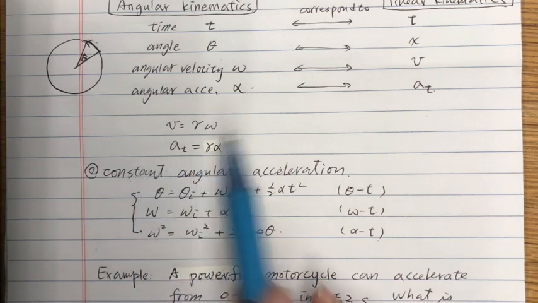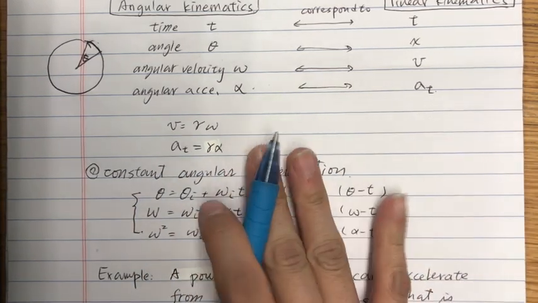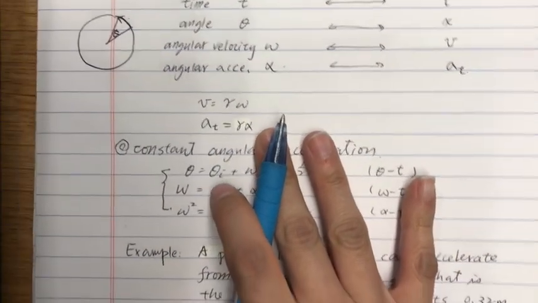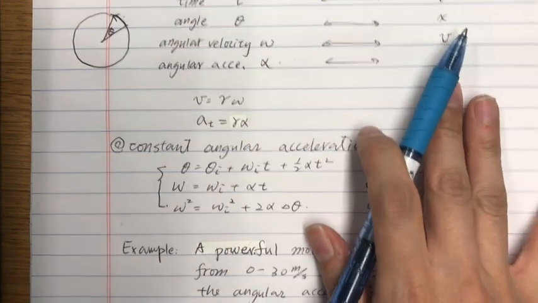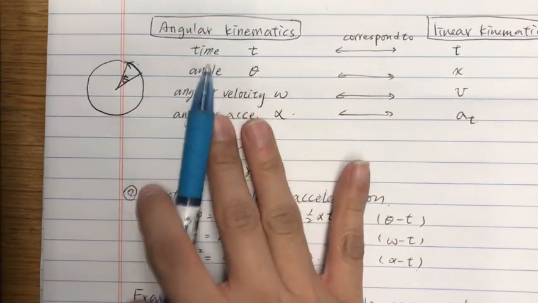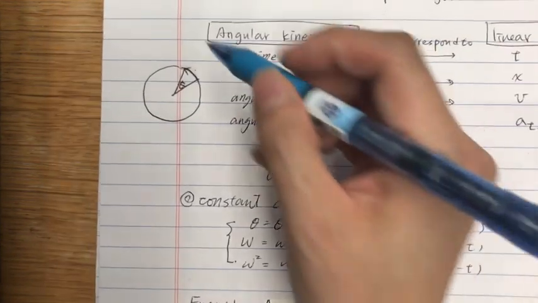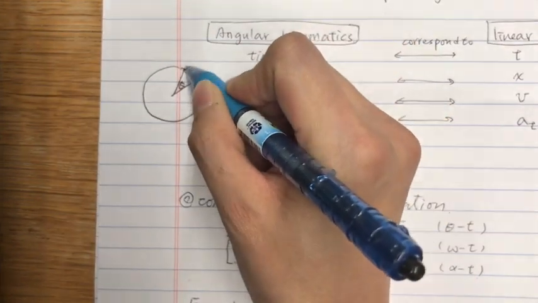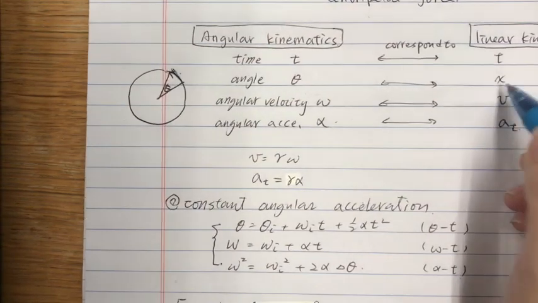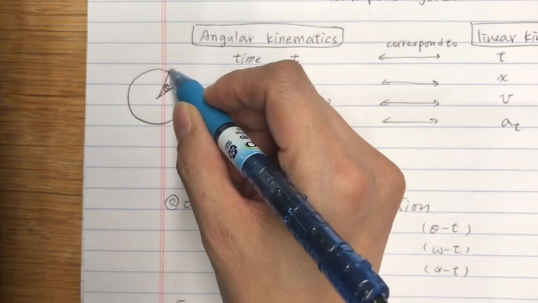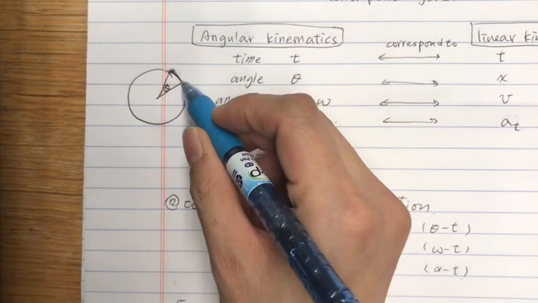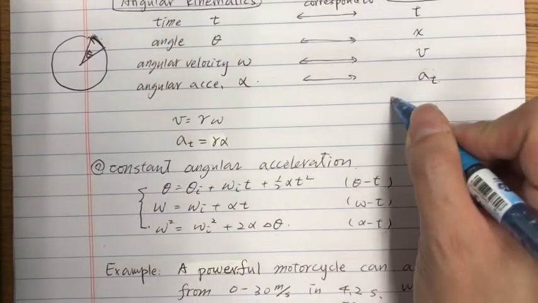So they do have a pretty good one-to-one correspondence. But one thing that I would like to mention is that this linear kinematics, the acceleration, velocity, and x, which is related to angular kinematics, is only the tangential part. Because the x will be this arc, the v of course will be the velocity in this direction, and the acceleration is also the tangential acceleration.